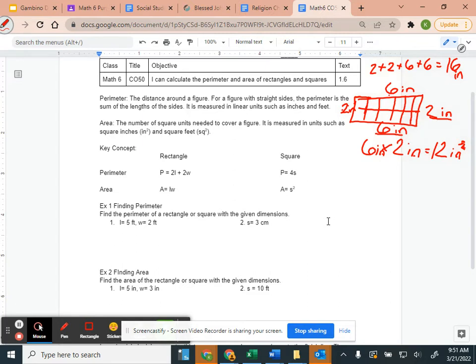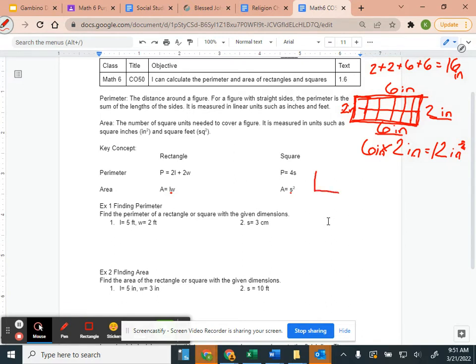For the perimeter for the rectangle, we know that the 2 short are the same length, the 2 long are the same length. So if you only know one length and one width, you can still find that perimeter by writing out what the other lengths are. For the area, length times width. For a square, you just need to know that one side, and you're going to square it, because squaring it means you multiply it by itself.